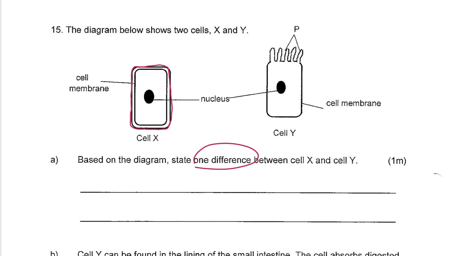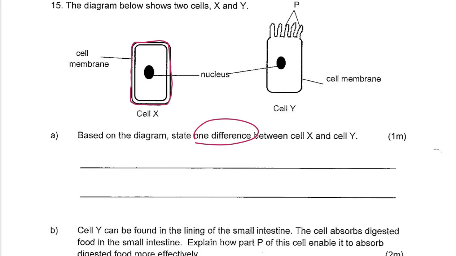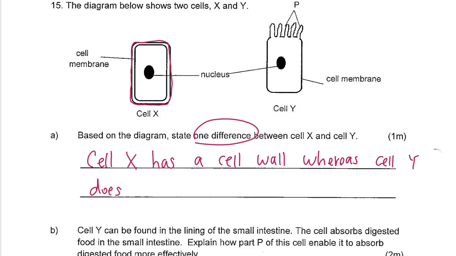Alright, so in fact we can say this: cell X has a cell wall, whereas cell Y does not. Again, remember, when we talk about comparison, we talk about both sides. You talk about X, you talk about Y. Talk about both, not just one side.